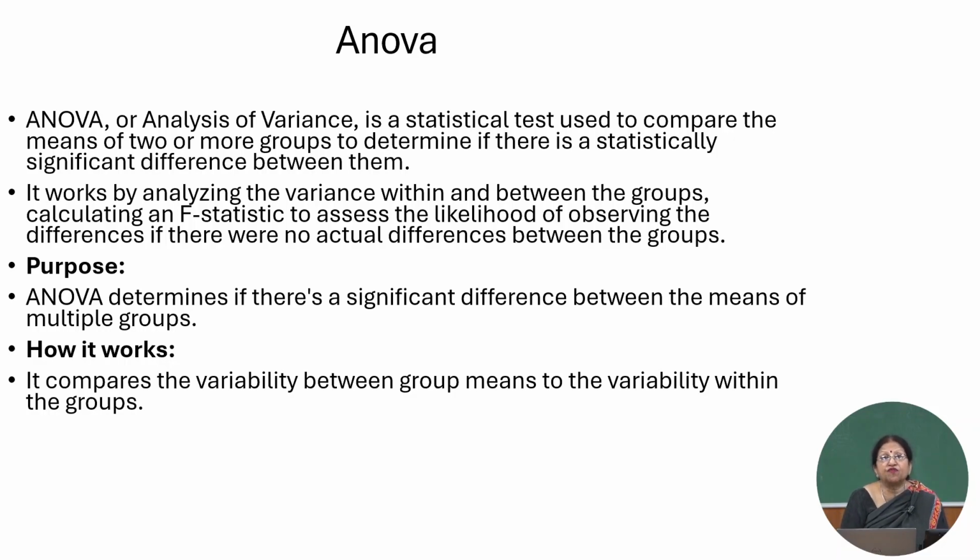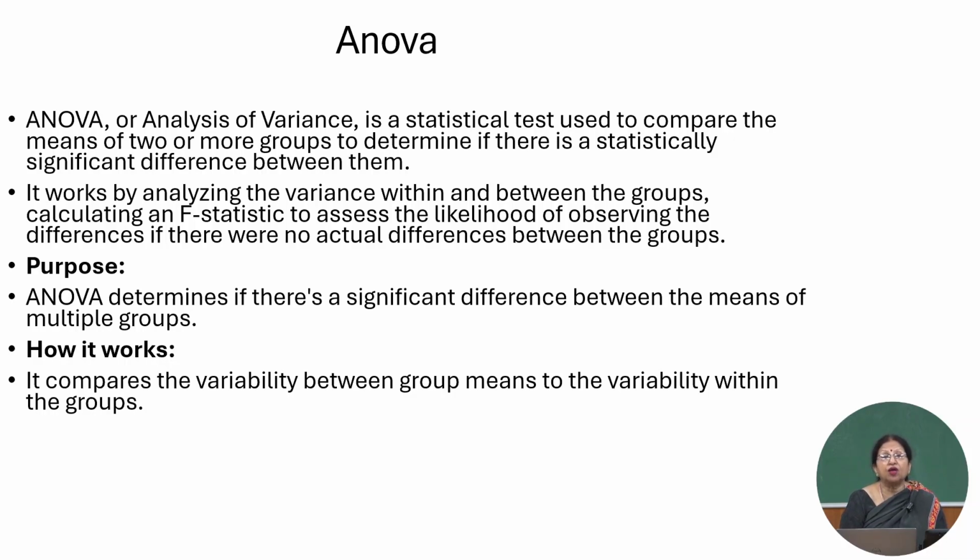The purpose of ANOVA is to determine if there is a significant difference between the means of multiple groups. How it works: it compares the variability between group means to the variability within the group.